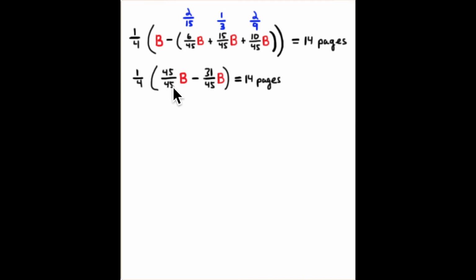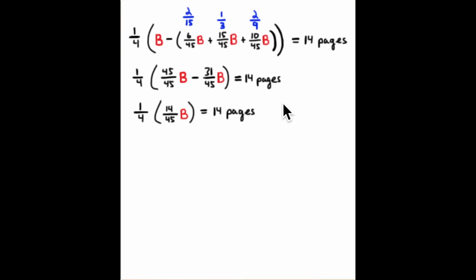That gets subtracted from the book. The book is 45/45. It's every 45th added together. So take away the 31/45, you're left with 14/45, and we know that 1/4 of that is equal to these 14 pages. So 1/4 of 14/45 of the book is equal to 14 pages.